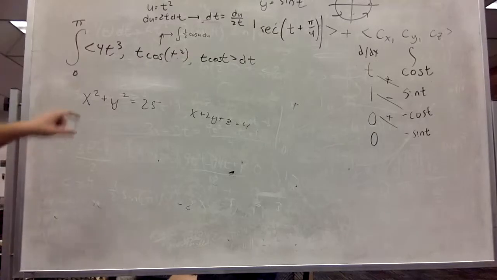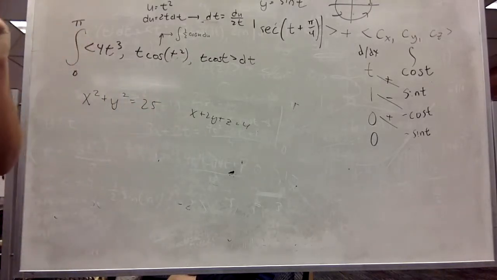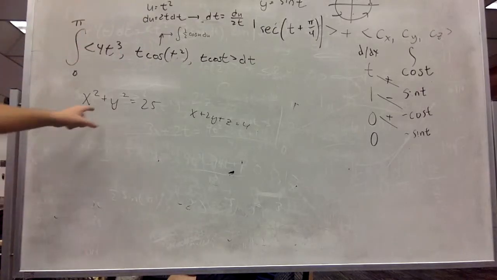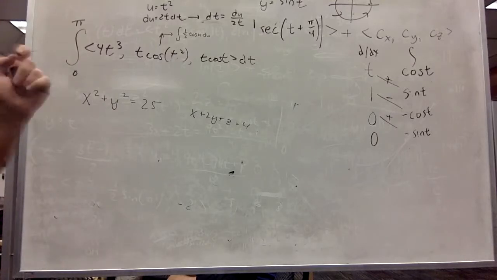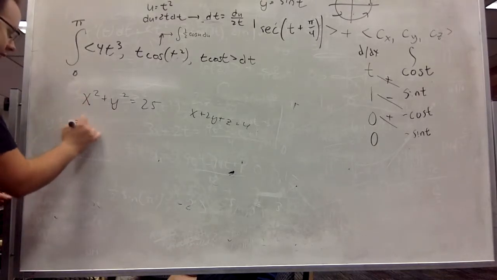So that's what I'm going to do here. Rather than let one of my variables x or y or z be t, I'm going to let x and y be the usual trig ratios that I use when I have something circular in nature. So you can circle the x squared plus y squared equals 25, and say I might want to do something like this.